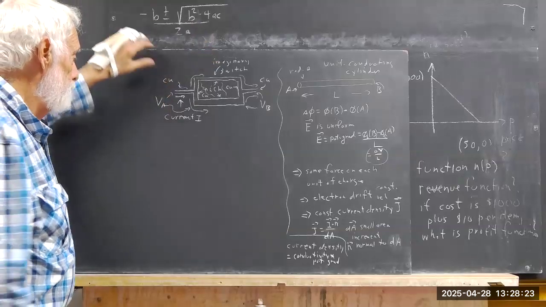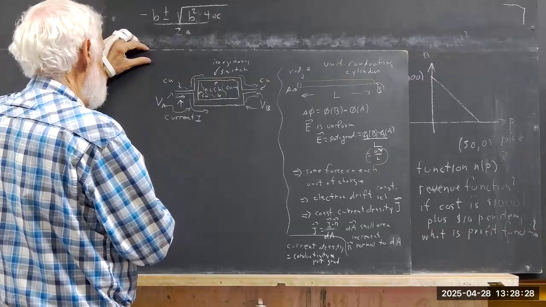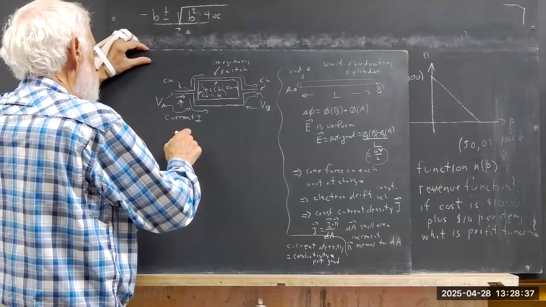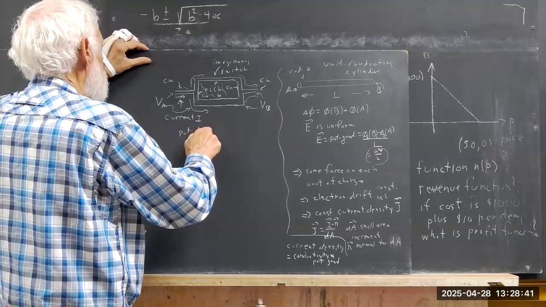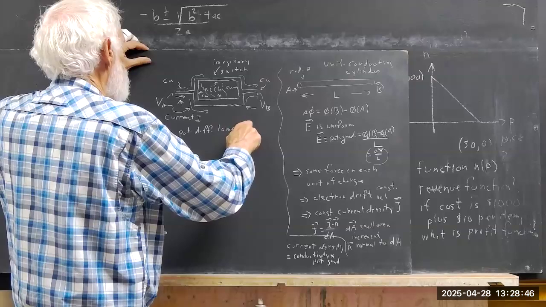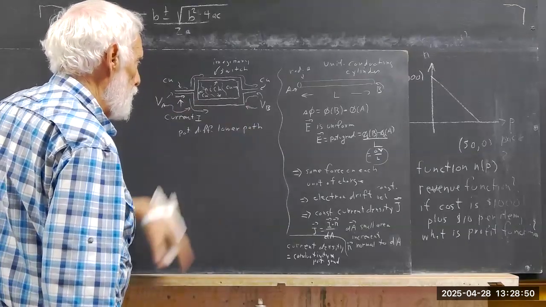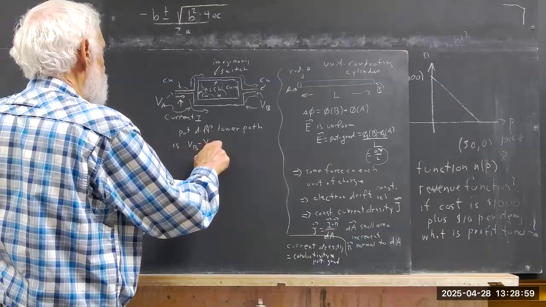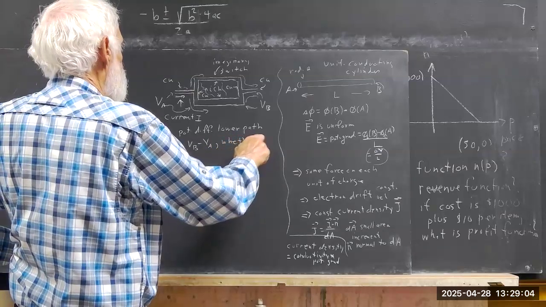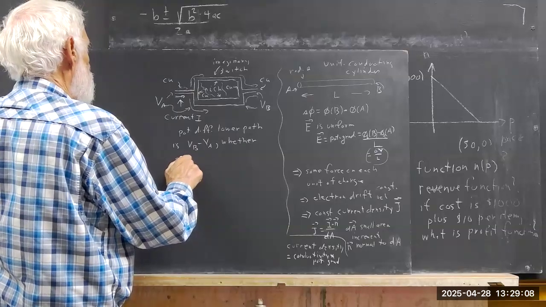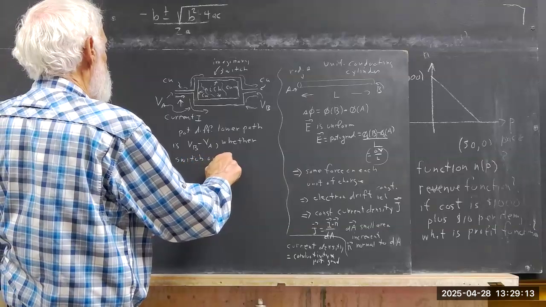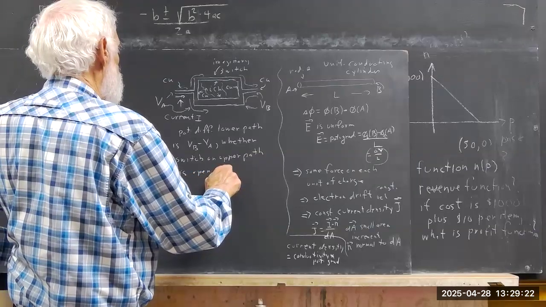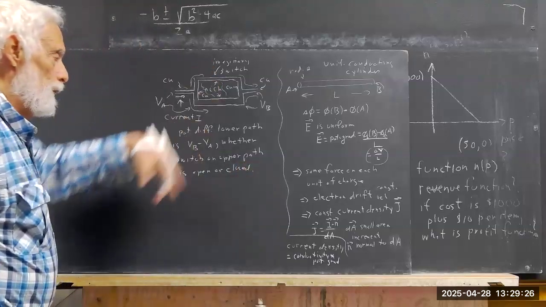If that switch is open, the potential difference on the lower path is the same whether this switch is open or closed.